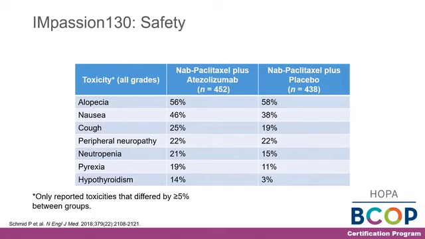So alopecia was similar. Nausea was a little bit higher in patients who received atezolizumab. Neutropenia was also a little bit higher, as well as pyrexia. Hypothyroidism was higher, which could be attributed to the atezolizumab and the effects of immunotherapy.